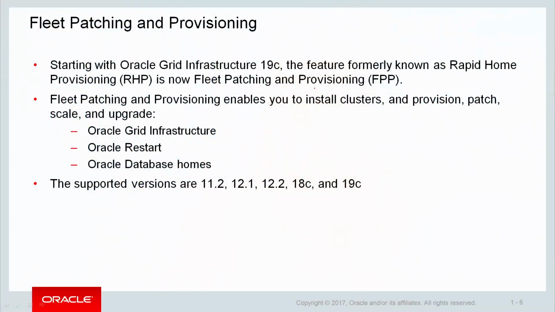So if you had a large cluster and different levels of software running on different nodes in the cluster, you could provision or push out the correct Oracle home from the central server. In 12cR2, they also introduced the idea of a rapid home provisioning client, and this client could pull the software from the server to the local machine.